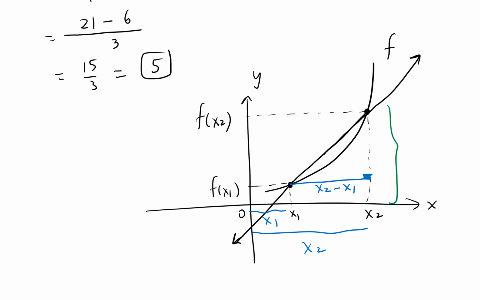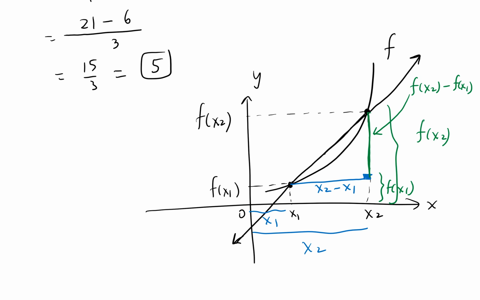This is f of x2. This is f of x1. So this distance from here to here, it's f of x2 minus f of x1.